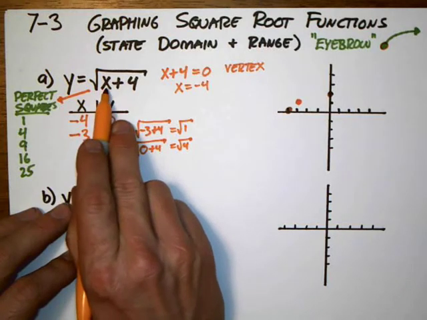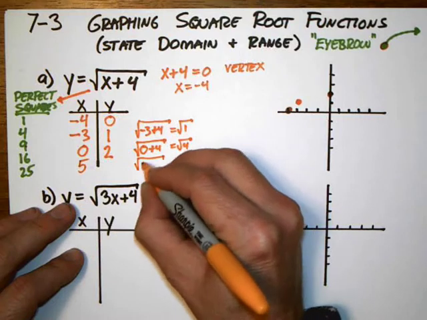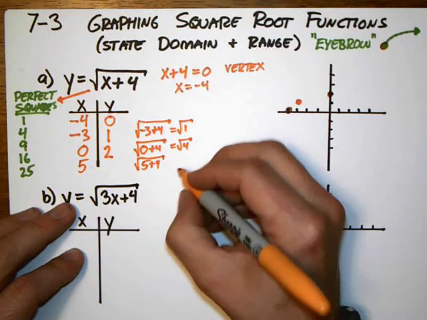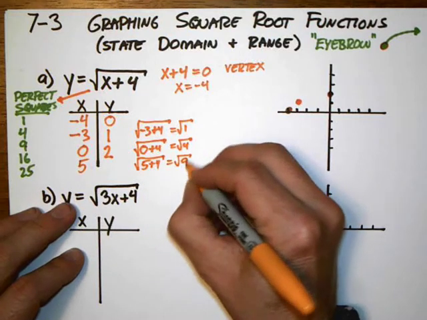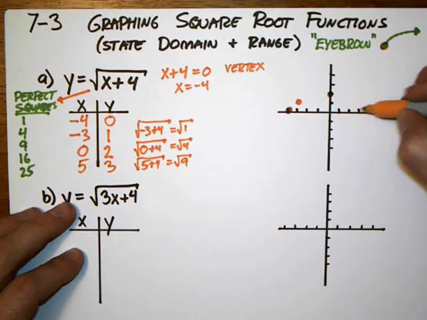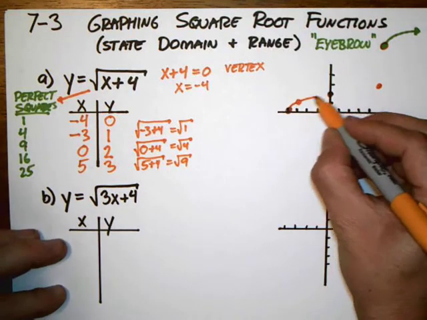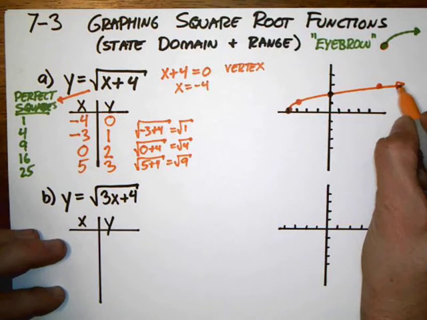If x is 5, I'd get the square root of 5 plus 4, which is the square root of 9. That would get me a 3. So I count over 1, 2, 3, 4, 5, and up 1, 2, 3. That's going to be this right here. So I get an eyebrow function that looks like that.